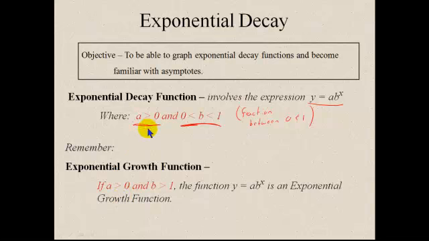So for growth, a is positive for both of those, so these are the same. A is positive for both of those. But for decay, b is a fraction between 0 and 1, and for growth, it's greater than 1.